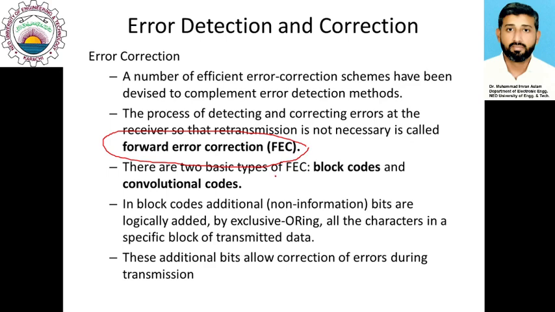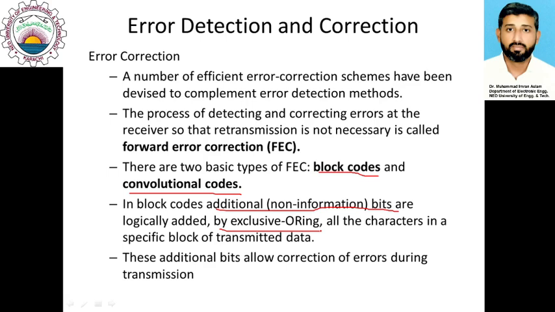The two basic types of forward error correction are block codes and convolution codes. In block codes, the additional non-information bits, like parity bits, are logically added. More than one bit is added by exclusively ORing all characters of the specific block of the transmission data.